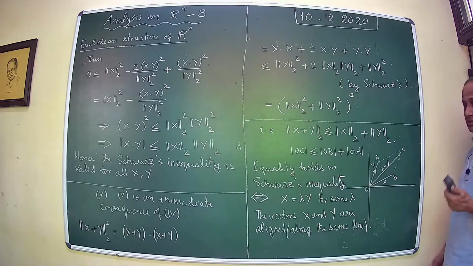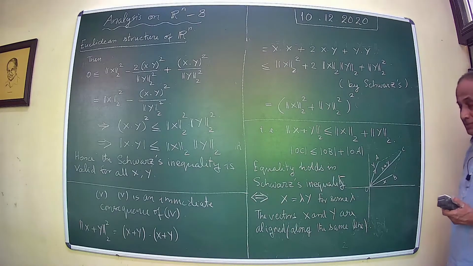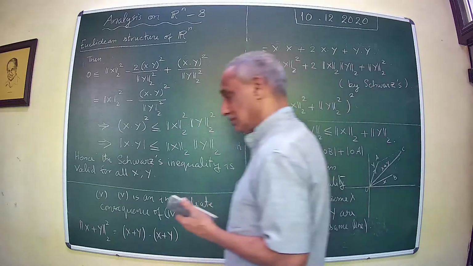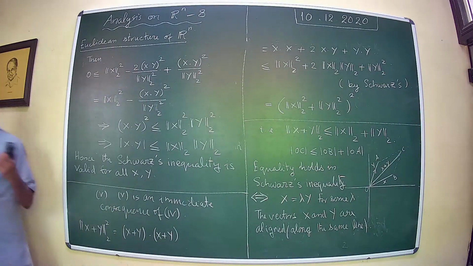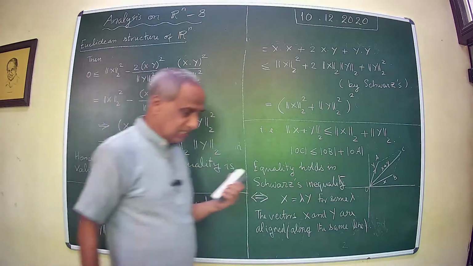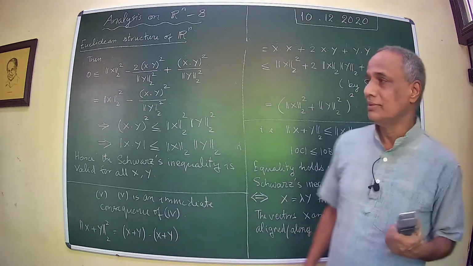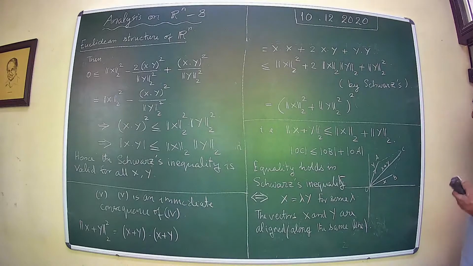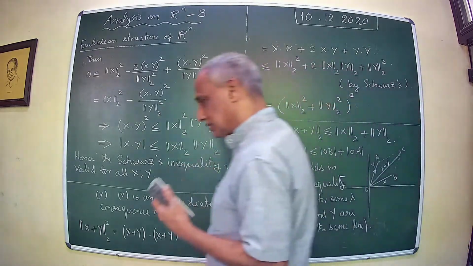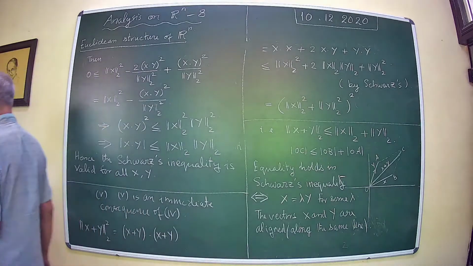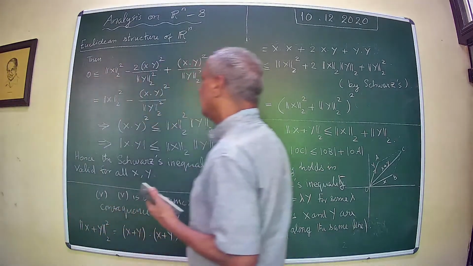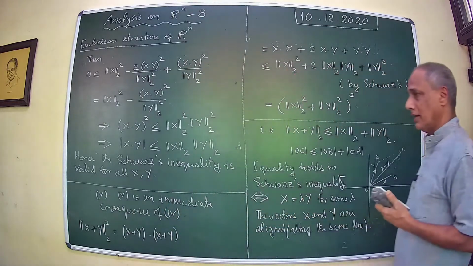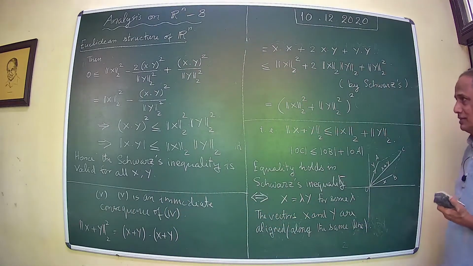But R2 turns out to be a very credible model, and R3 also. In R2 you can draw pictures on a plane, on a sheet of paper or on the board. In R3, if you are an artist, you can draw the pictures and get a good perception of what is going on. But certainly you can do nothing with R. You cannot draw pictures of R.